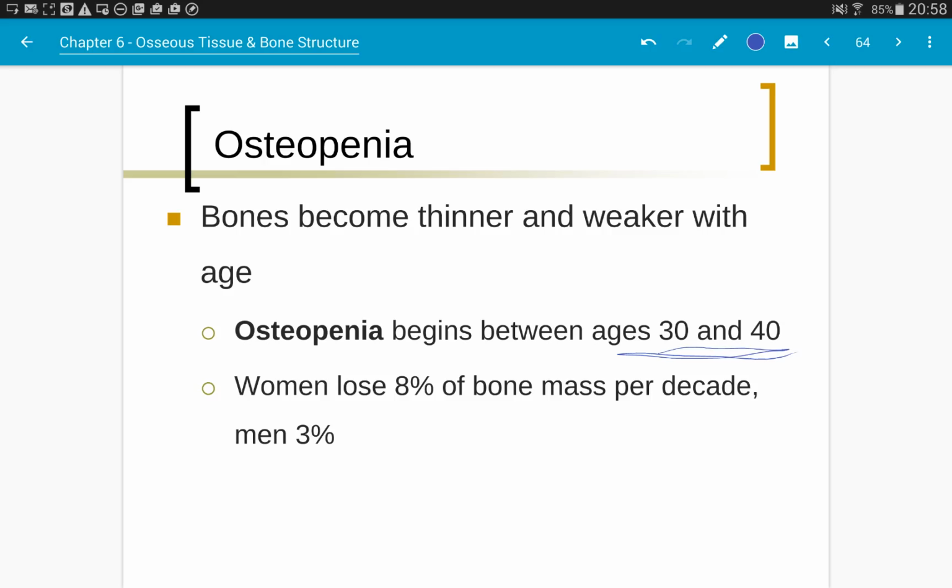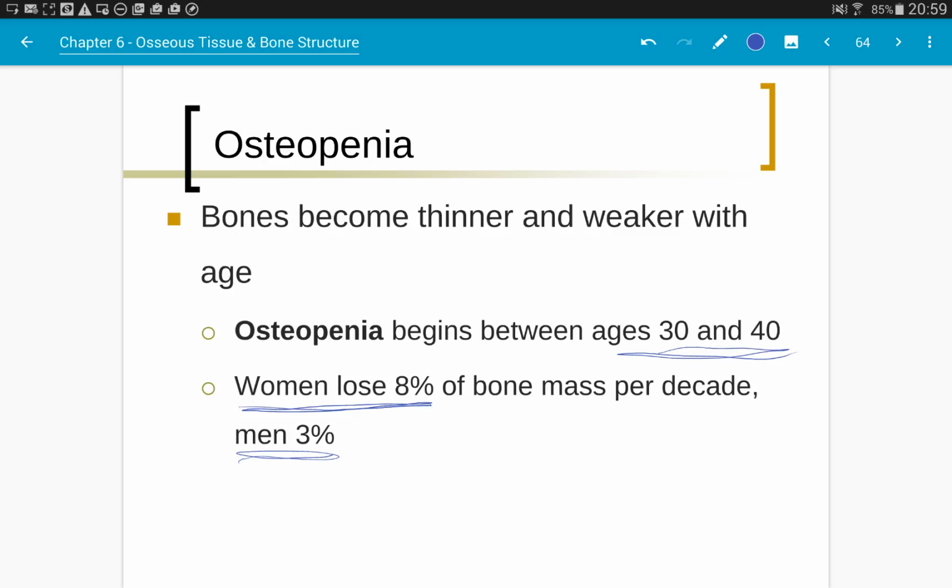So notice, it is unfair, ladies, but women lose 8% of bone per decade, while men only lose 3%. Can you remember why women are more at risk of losing bone? If someone said estrogen or menopause, you're correct. So just remember that at menopause, estrogen is no longer being produced.